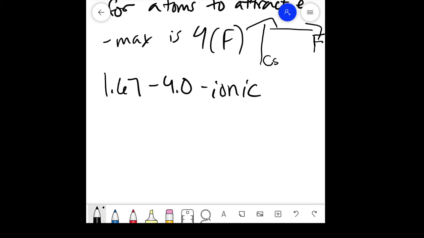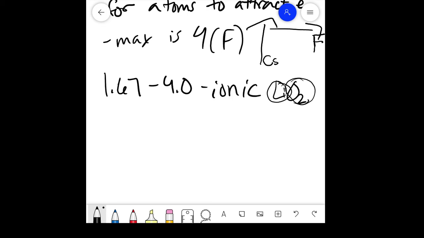Let's say lithium oxide. I don't even know if that's a real thing. But if you subtracted the electronegativity of lithium minus the electronegativity of oxygen, it would be somewhere in this range, and that would tell you it's ionic.